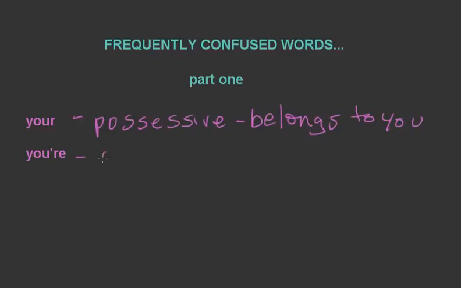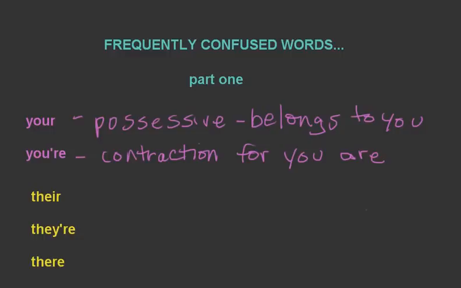It is a contraction for you are. If you mean you are, you must use the second one, and the first one simply would not make sense there. Now let's look at a couple more.